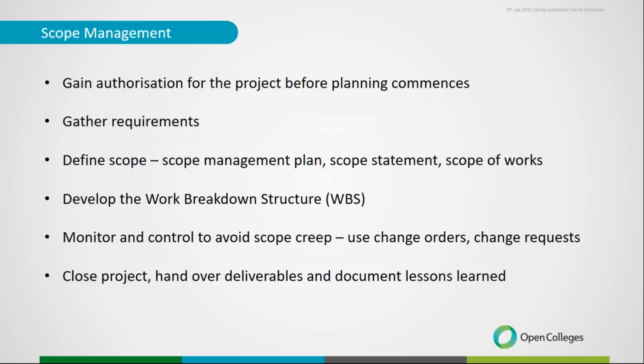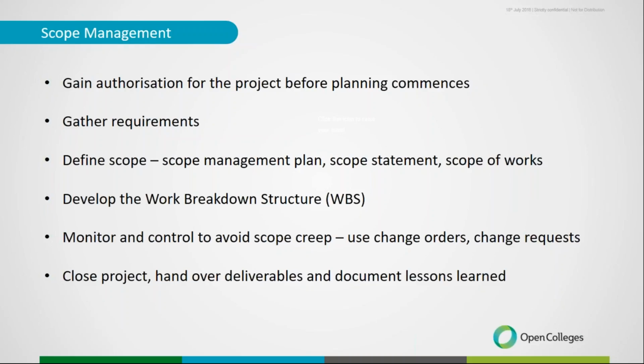When that gets signed off on and approved, if it's noted that it needs extra time and extra budget, because that amendment will be approved, usually that means that you will, hopefully anyway, be given the extra time and the extra budget that's needed. And that's what it's saying here, to monitor and control to avoid scope creep.